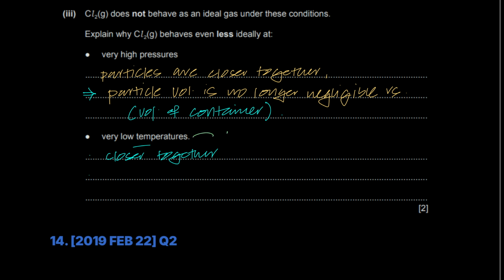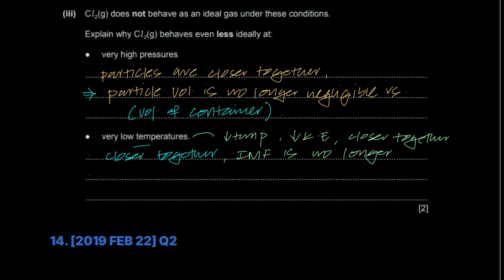And you could properly explain it. At low temperatures, it results in lower kinetic energy, which means particles move slower and therefore are closer together. And so if they are closer together, the IMF is no longer insignificant, or the IMF becomes significant. Whatever, however you want to write it.